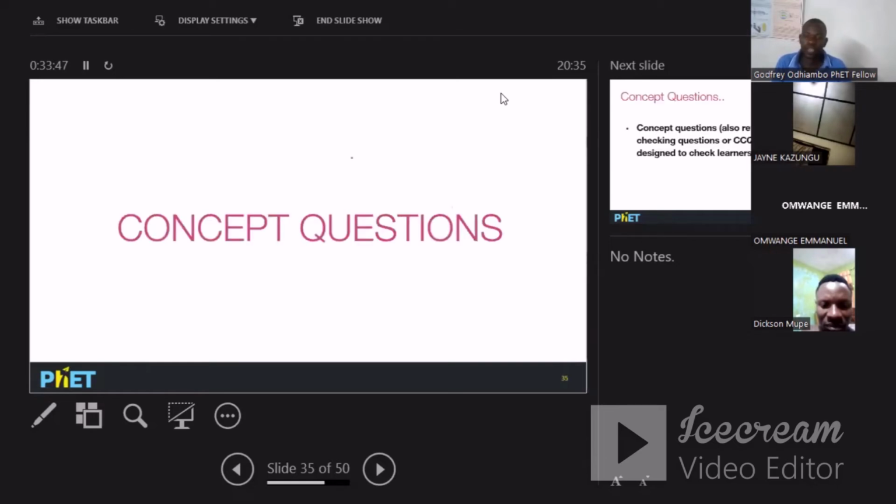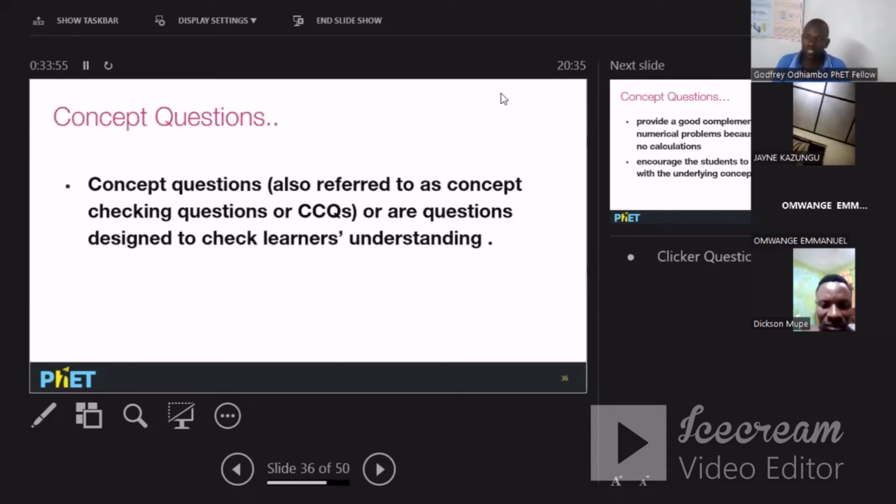The next part, which is the last part, will be the concept questions. Concept questions are also referred to as concept checking questions, or CCQs. These are questions designed to check learners' understanding.